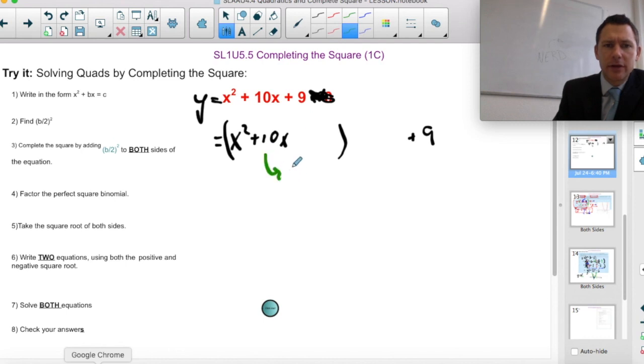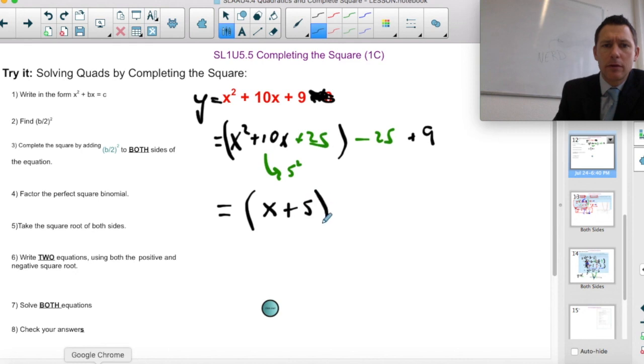So it'd be 10 divided by 2 is 5, 5 squared is 25. So I added 25 in here, so I should subtract 25 outside. We did all that work, so this turns into x plus 5 squared, and what this is, negative 16 outside.